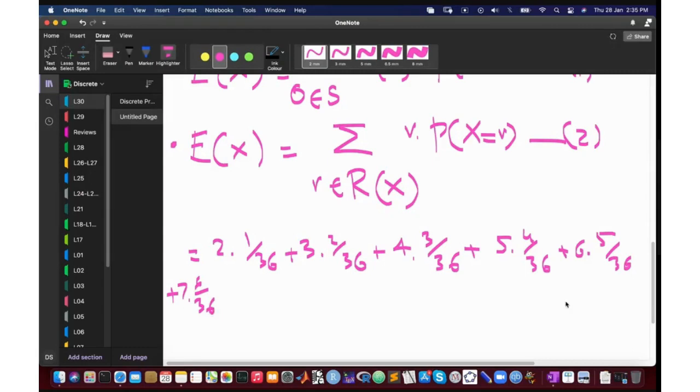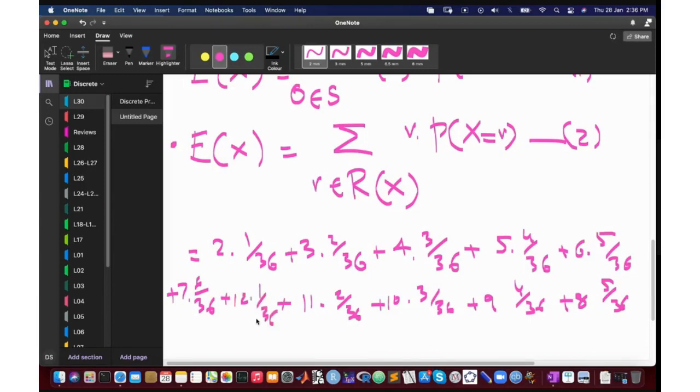And then you have 8 with probability 5 over 36. You have 9 with probability 4 over 36. You have 10 with probability 3 over 36. Are you guys with me? Yes, sir. Okay, you have 11 with 2 over 36 and 12 times 1 over 36.